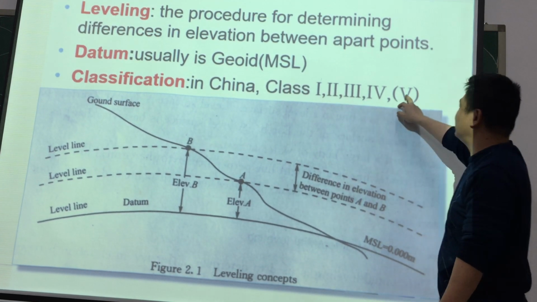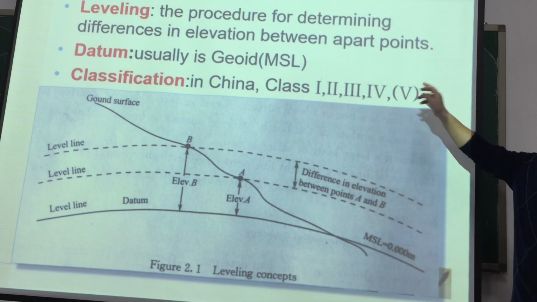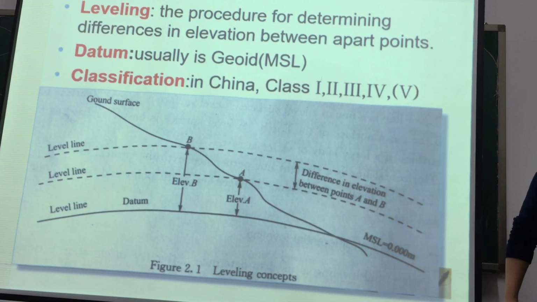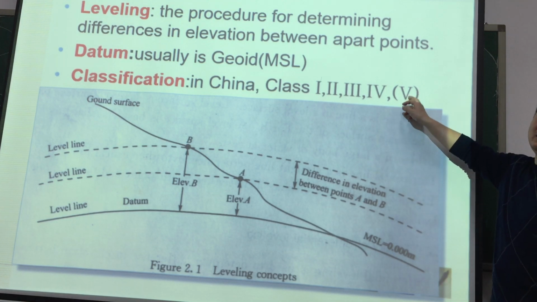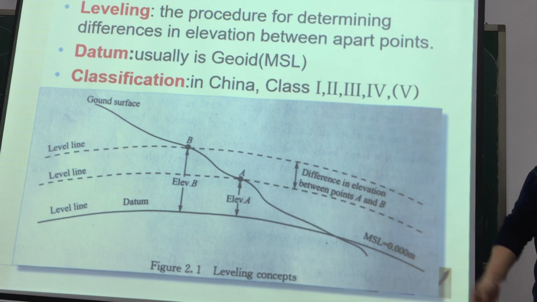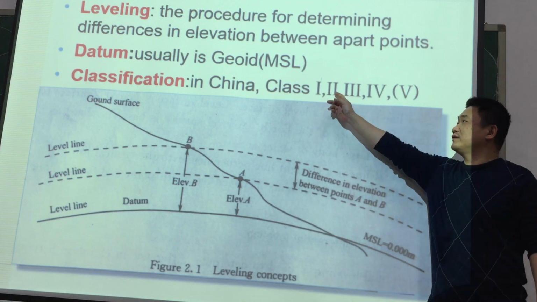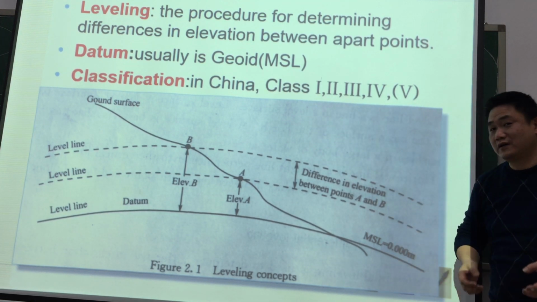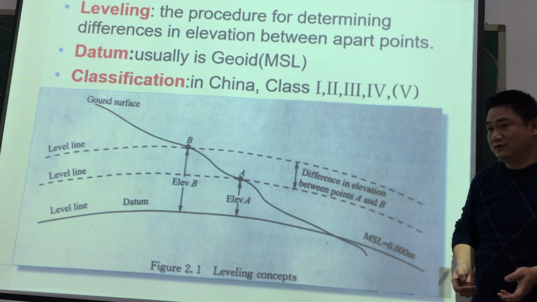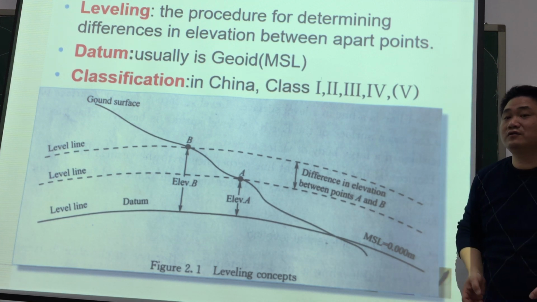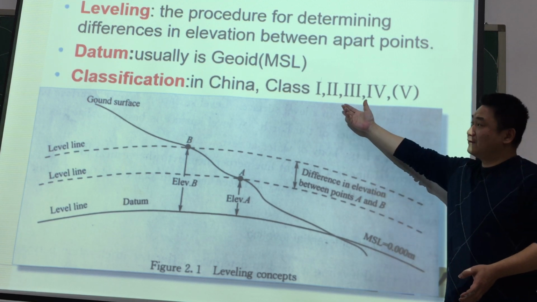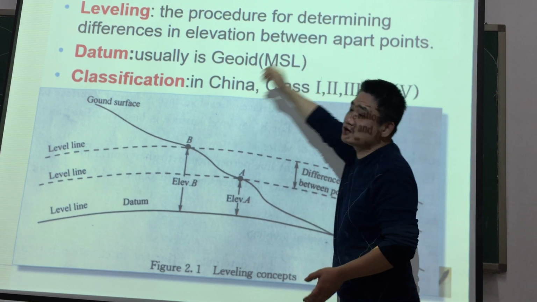And this is the fifth, the normal class of leveling, which is just used to lay out points in engineering. But first, second, third, and fourth can be used to establish the elevation control network for an engineering project. I must say, this is just in China.